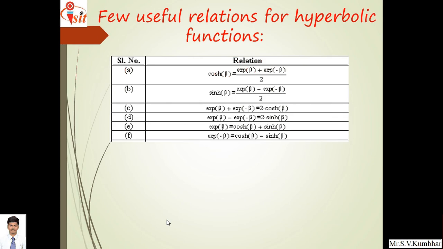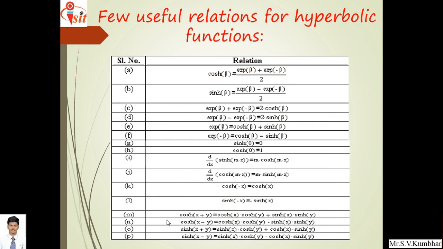We will see that part in the next lecture, but before that we will see a few useful relations for hyperbolic functions. Hyperbolic cos beta is equal to (exponential of beta plus exponential of minus beta) divided by 2. Hyperbolic sin beta is equal to (exponential of beta minus exponential of minus beta) divided by 2.